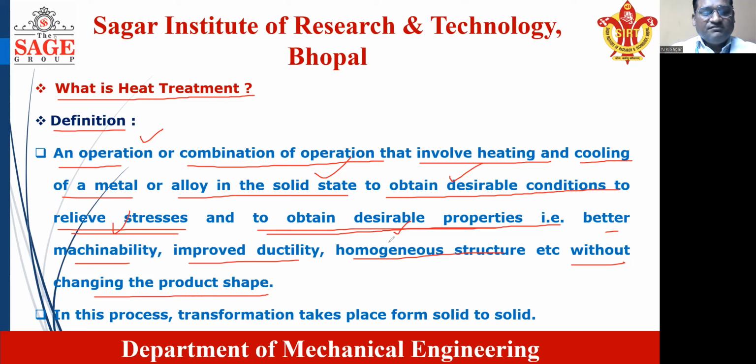So with the help of heat treatment, we are getting two advantages in terms of relieving stresses or obtaining desirable properties. In this process, transformation takes place from solid to solid. This is very important. Transformation takes place from solid to solid. That is an important principle.